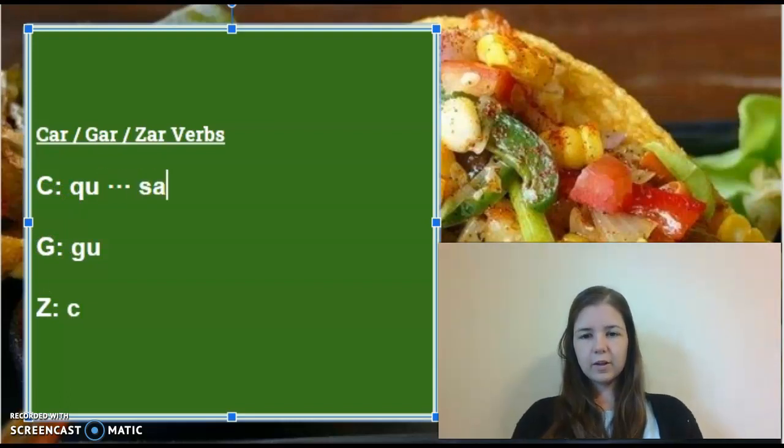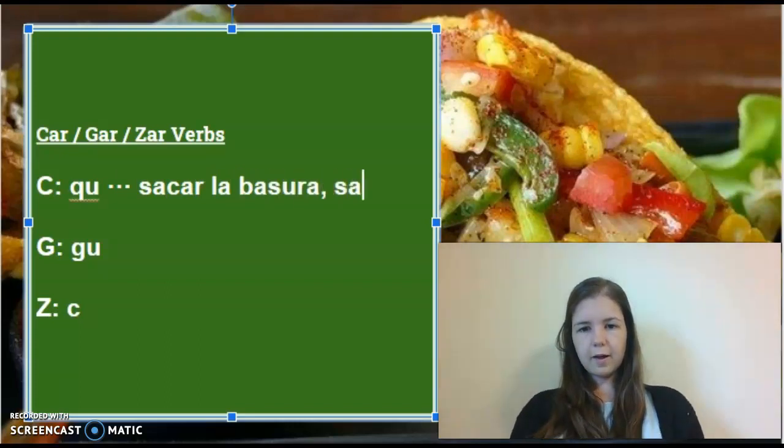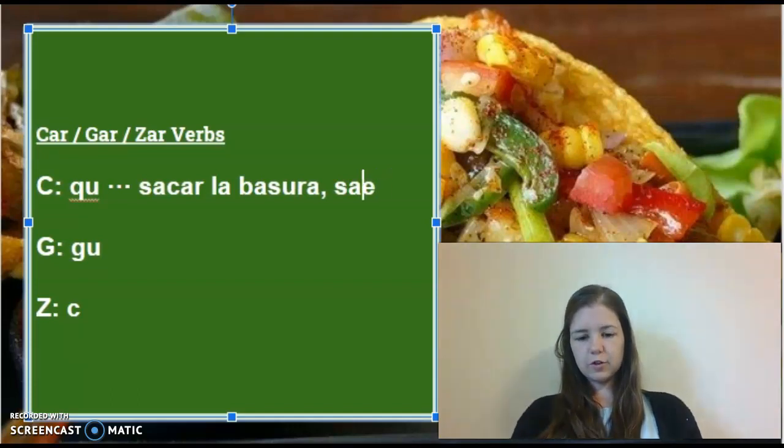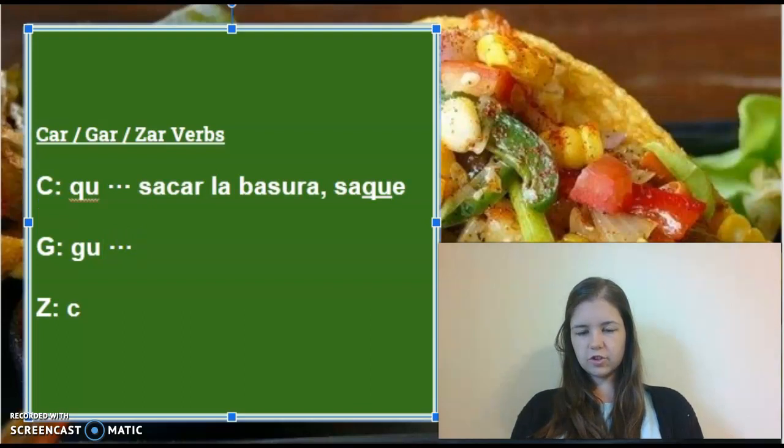So if I'm telling someone to take out the trash, sacar la basura, I'm taking my yo form of sacar, which is saco, drop the O, add my opposite ending, which for usted would be an E. Now this sounds like "sase" instead of "sake," so I have to change my C into a QU. G's here are going to change to GU.